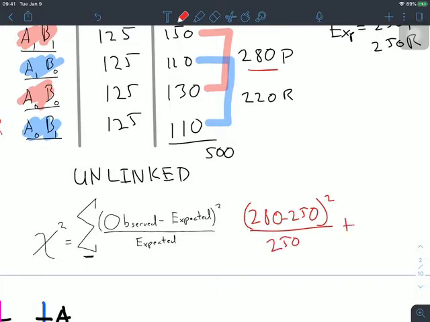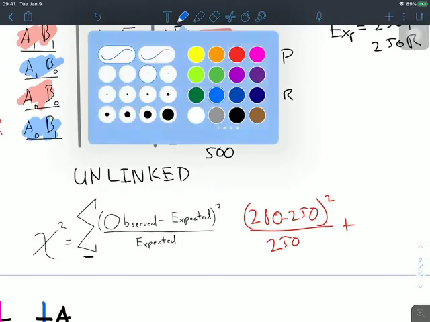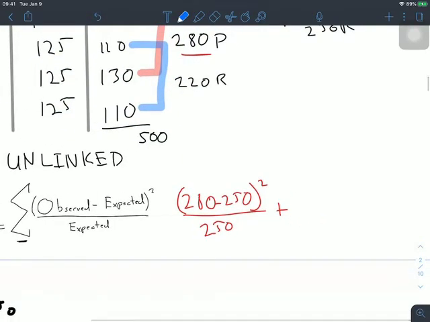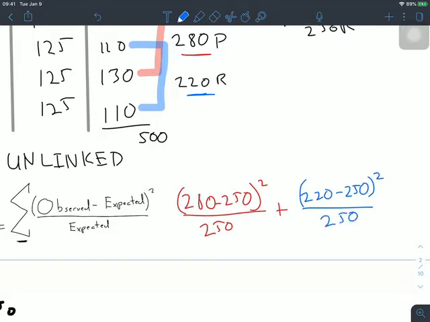Add this value to our observations for our recombinants. Well, our observed recombinants were 220 minus the 250 expected, square that, divided by the 250 expected.